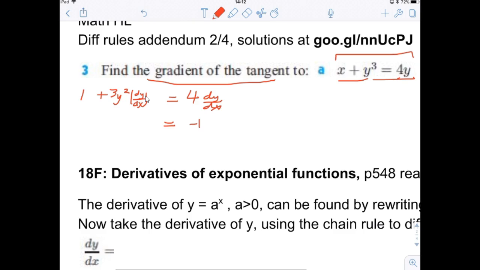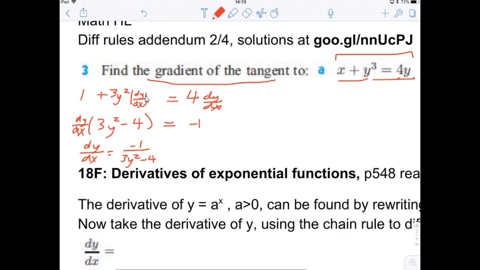Let's factor out the dy dx, and so we'll have dy dx times 3y squared minus 4. If you don't get that, go ahead and do the algebra one step at a time, and you'll see that's the way it goes. And then we're going to divide both sides by 3y squared minus 4 to get dy dx by itself, because we want to know what dy dx is.